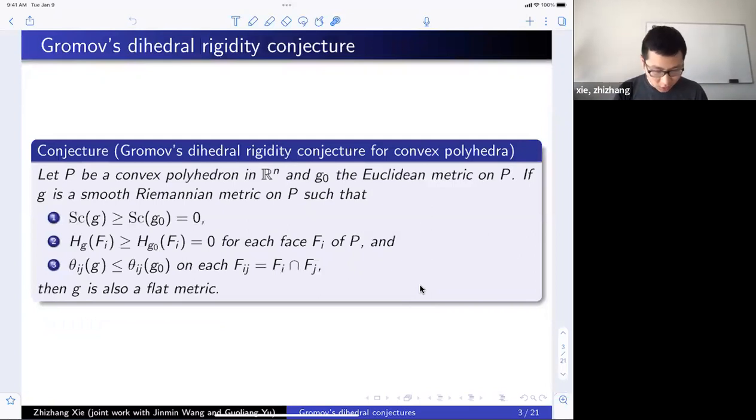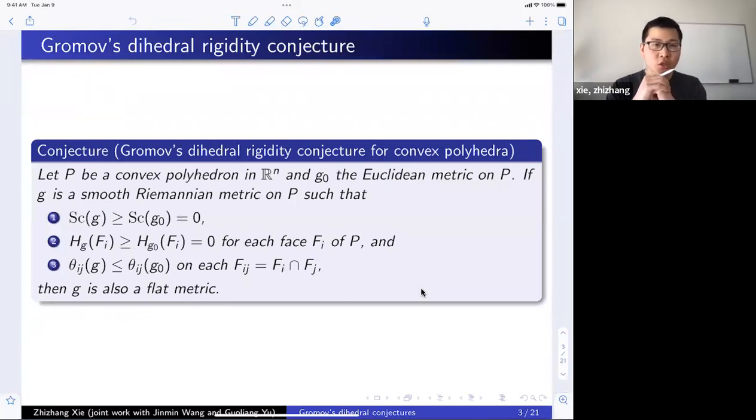But for now, let me move ahead with the dihedral rigidity conjecture, which has basically the same setup, and the conclusion is that the new metric has to be flat as well. So this is saying the original flat metric on this convex polyhedron is rigid, in the sense that if you have these conditions, then in some sense there's only one metric that can realize them.